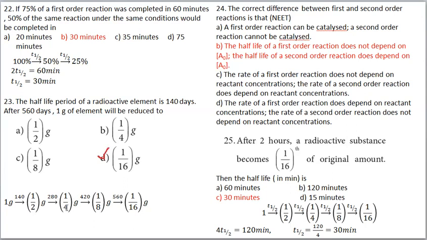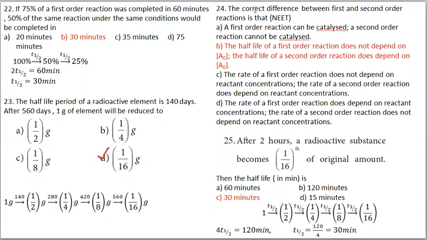Again one more T half, that means 280 plus 140, that is 420 days. Then again one more T half, we get 560 days. How much quantity? Half of this one, this is 1/16 gram. So this is the right option.